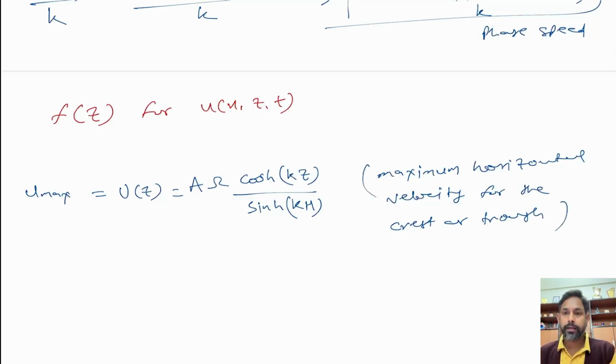So when you have the crest, that time you experience the maximum horizontal velocity in positive direction, or maximum horizontal velocity in negative direction when it is at trough, and anywhere in between you will have some value in between, right?